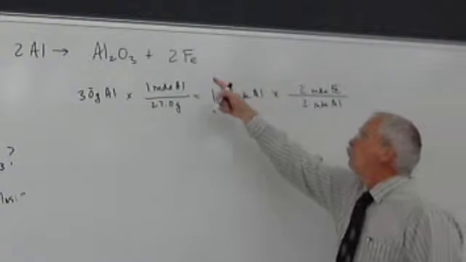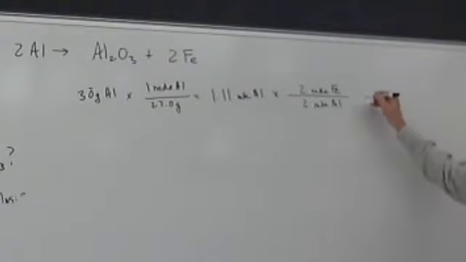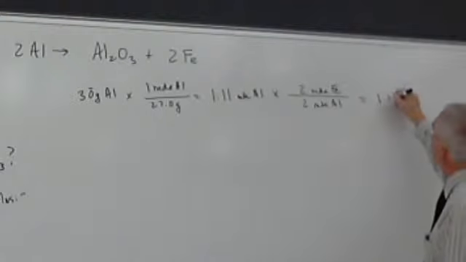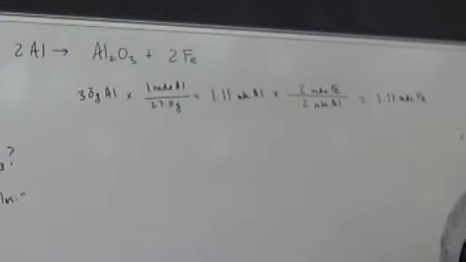Heavy math, I might need my calculator. I get 1.11 moles of iron produced. Okay, I'm going to be happy with that for a minute. Let me go on and do the second calculation.